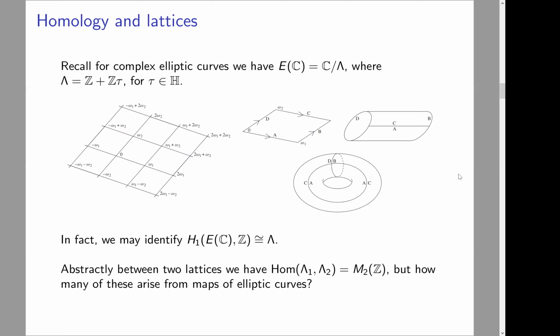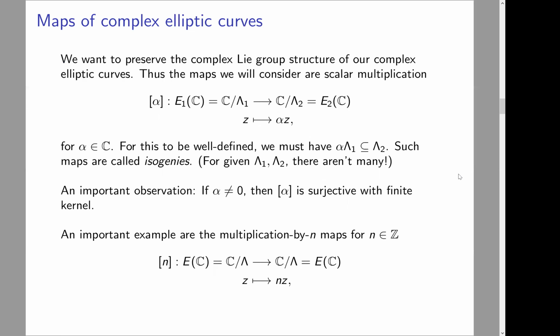What's allowed as maps of Lie groups? Well, with some thought, the only ones that'll preserve the structure that we care about are precisely the maps induced by scalar multiplication of complex numbers. So I can map from C to C just by scalar multiplication by any complex number.